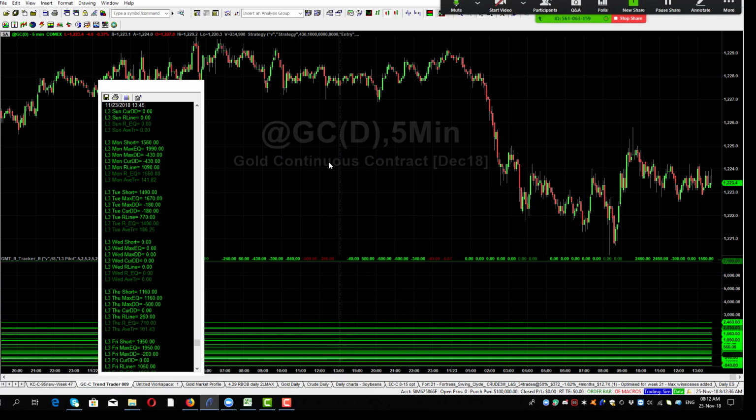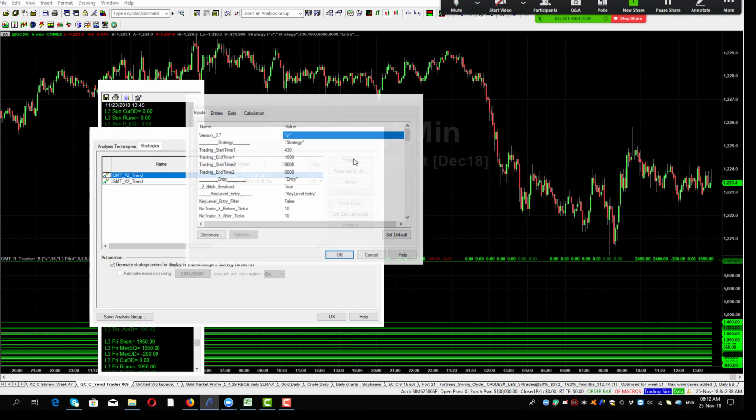So if I look at my system and I say, right, well, it's trading from 4:30 to 10, we might get a change in daylight saving in the US or Australia, and this strategy is running off New York Exchange time, and that change in hours affects obviously the performance of the system because my testing has been done at a different time.